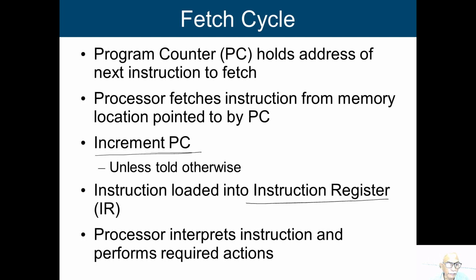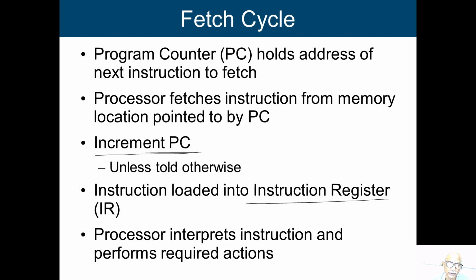By looking into the bit pattern of the instruction, we will know what we have to do. Say, if it is an add operation and both the operands are inside the processor, then we can straight away go to the execution cycle and perform our instruction.